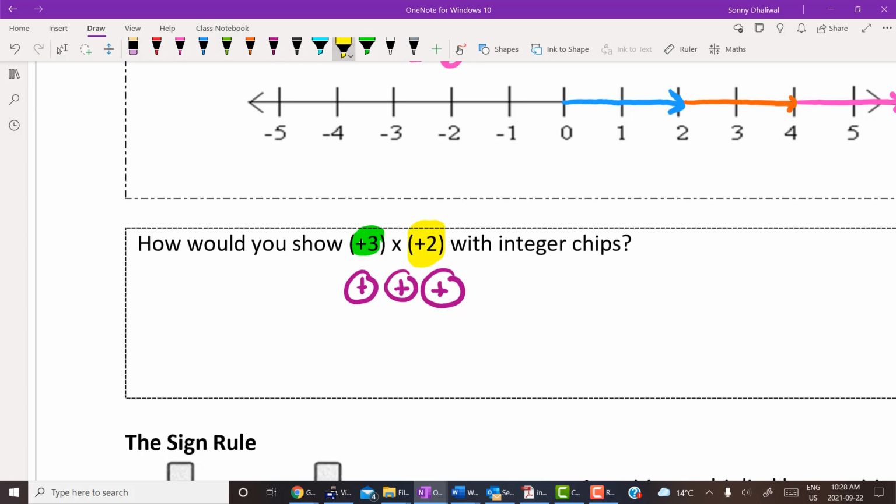The second number, positive 2, tells you how many times to repeat this drawing. So we need to repeat this drawing twice. We've already drawn it once, so we need to repeat it 1 more time. So as chips, this is what this multiplication would look like. And what does it equal? We count it up. 1, 2, 3, 4, 5, 6.